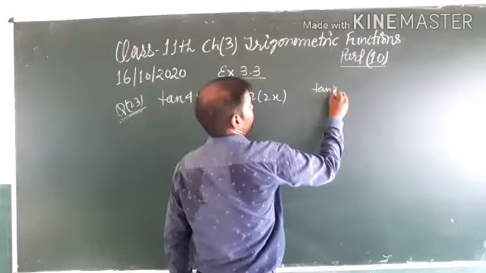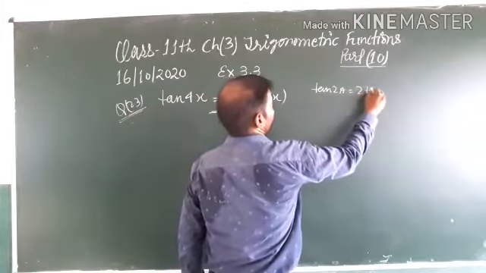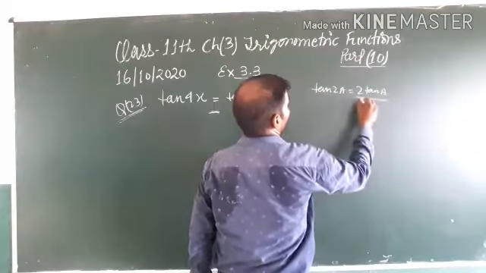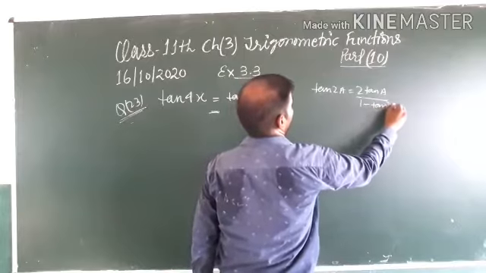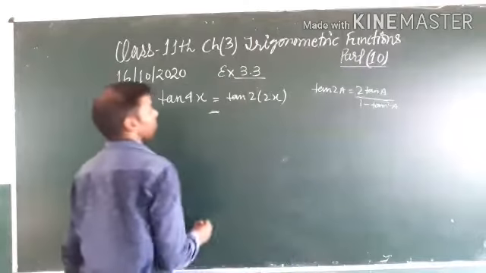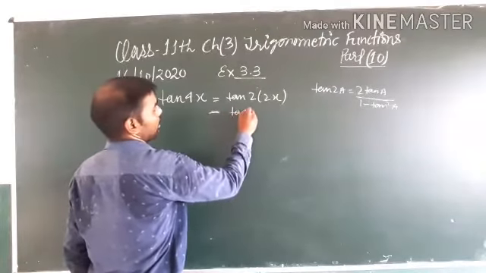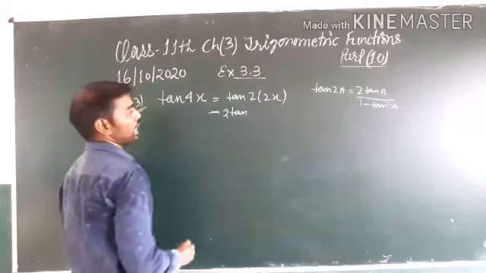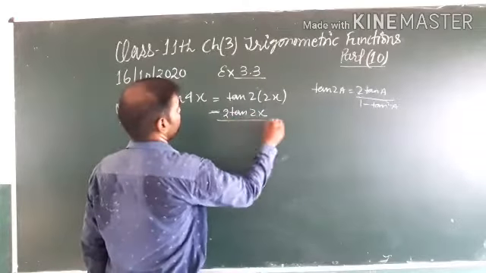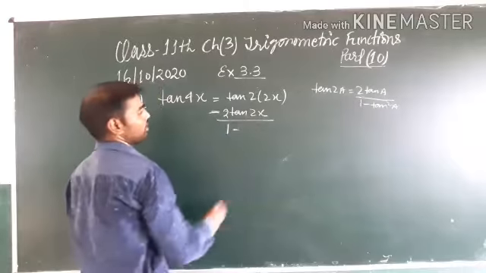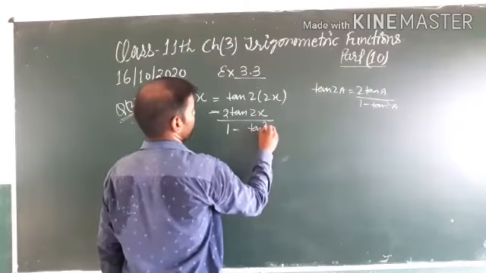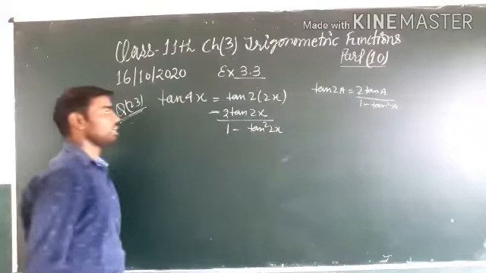Tan 2a is equal to 2 tan a upon 1 minus tan square a. So we can write tan 2x upon 1 minus tan square 2x.